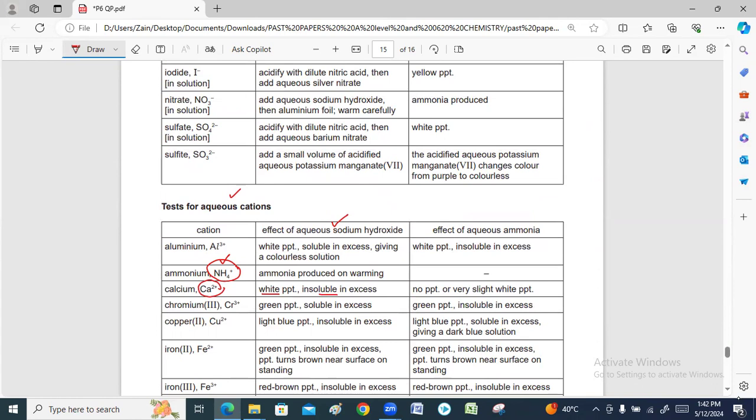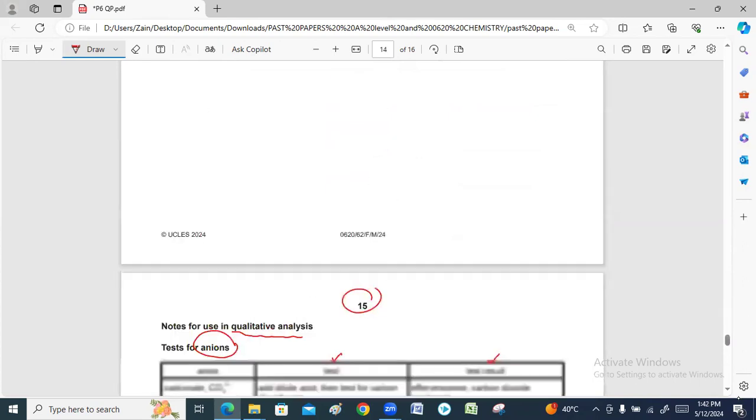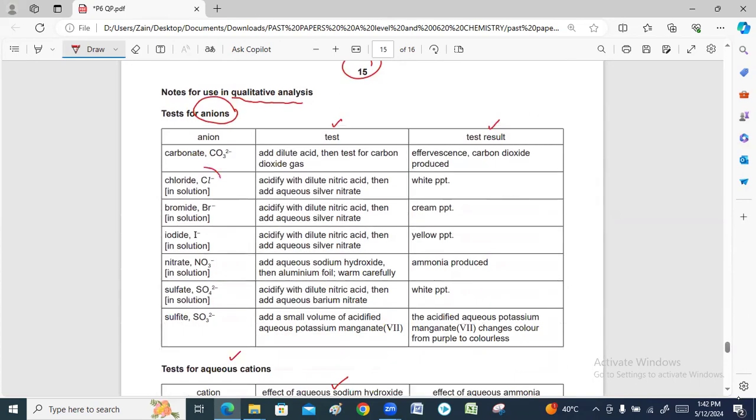Now, if we look at the test for chloride, as you can see, the test for anions as well. This is the test for chloride: acidify with dilute nitric acid, then add aqueous silver nitrate. But we are adding barium nitrate. Barium nitrate is used to test for the presence of sulfate ion.